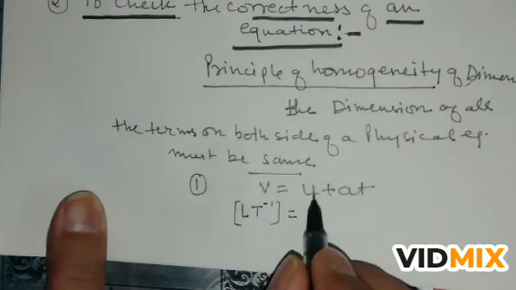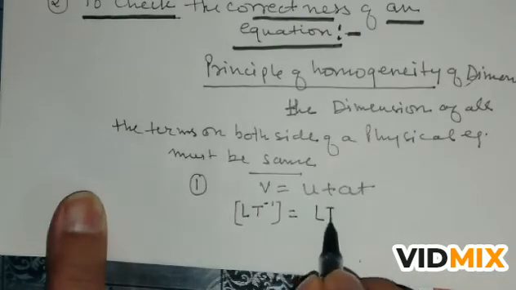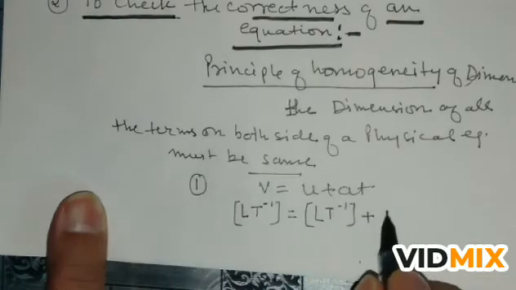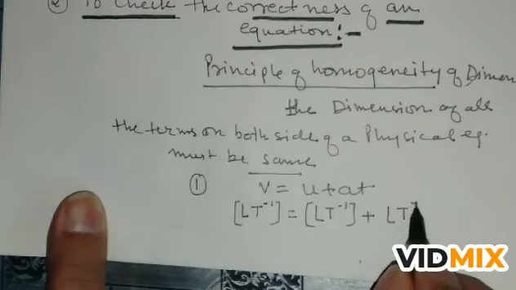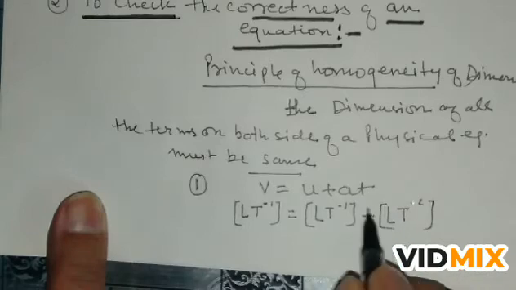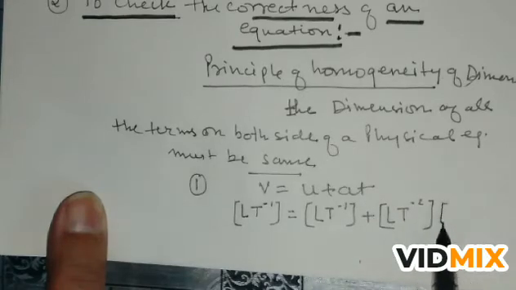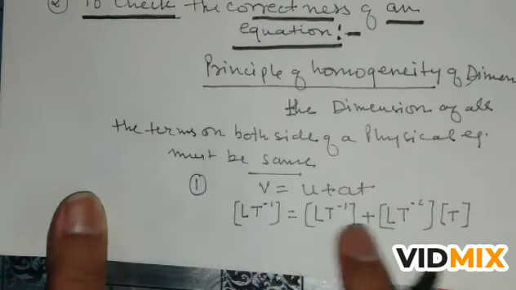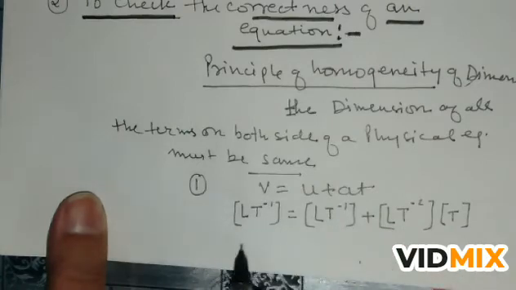The dimension of initial velocity is L t to the power minus 1, the dimension of acceleration is L t to the power minus 2, and the dimension of t is t. First we will write the dimension of each and every physical quantity in this way, and then we compare.